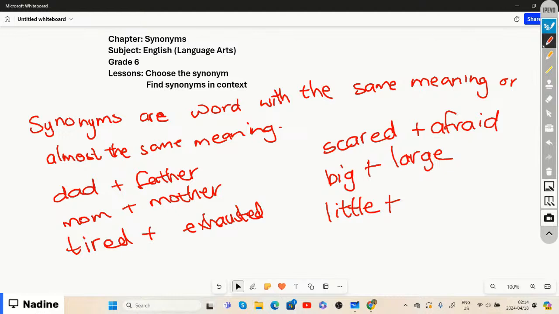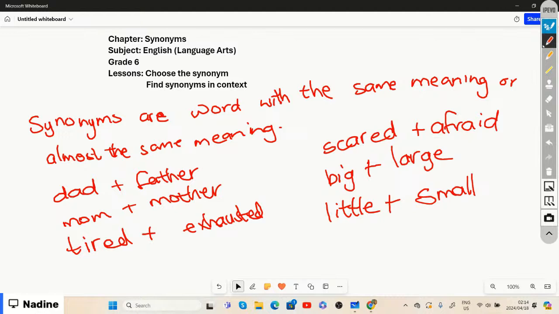All right. And if we choose a word that is, let's say, almost the same as little, we can say it is small, or we can say it is tiny. All right. So little, small, tiny, right?